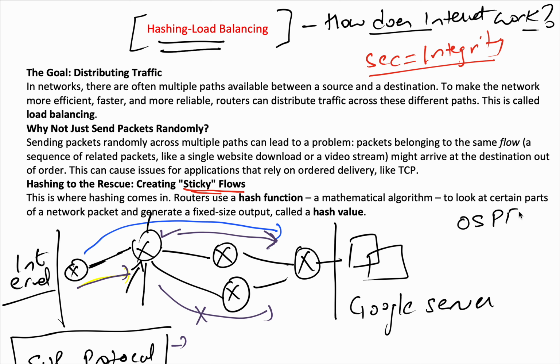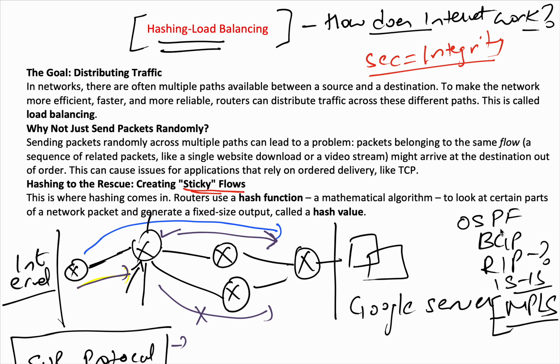It can have OSPF, BGP, RIP, I don't think it will have, but let's consider ISIS. ISIS is widely used. We have MPLS as well. Again, it's static, one-on-one, but I'm just telling you it can have a number of things. But just to distribute loads, the decision maker will use hashing to make sure that the flow remains uninterrupted and is always ordered. So this was all about hashing.